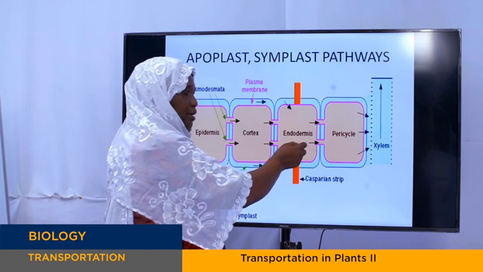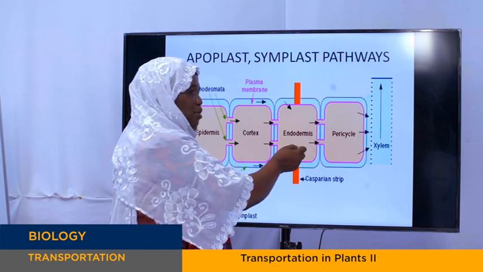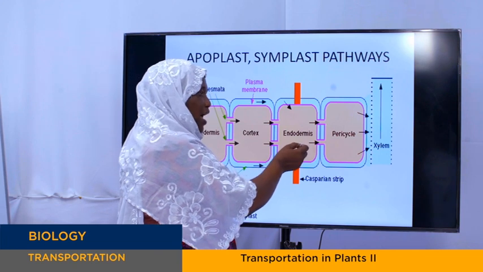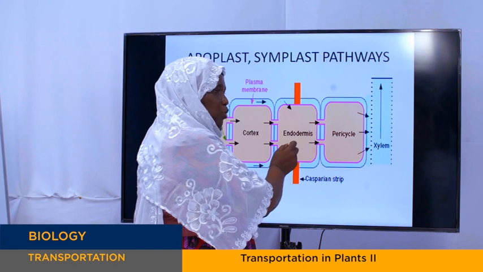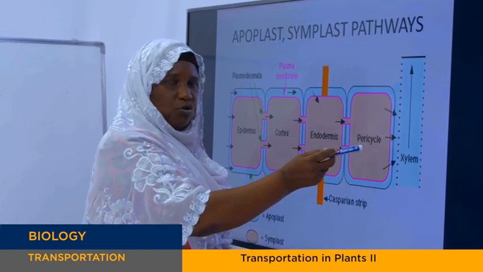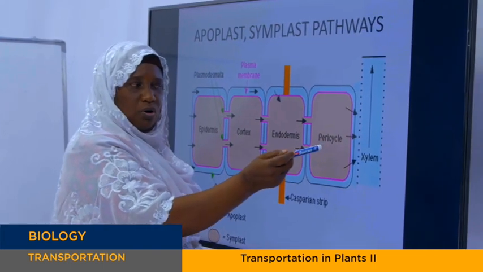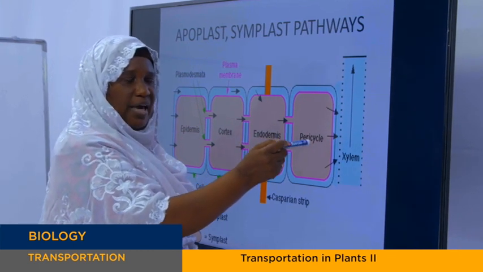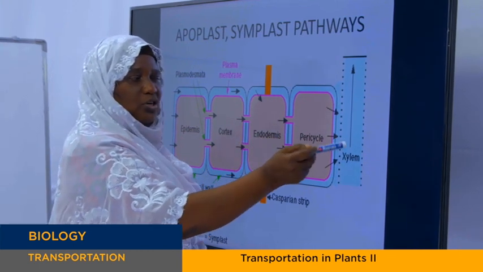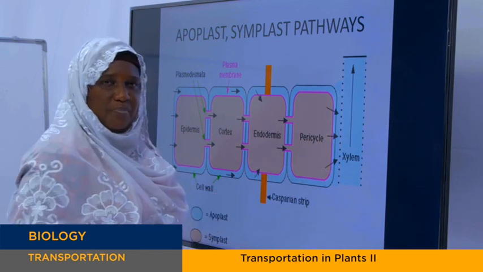After reaching here, the protoplasm will be diluted. From there, water will be pushed due to its high water potential to pericycle. From pericycle, when water potential is created on this side, then water will be moved to the xylem vessel.